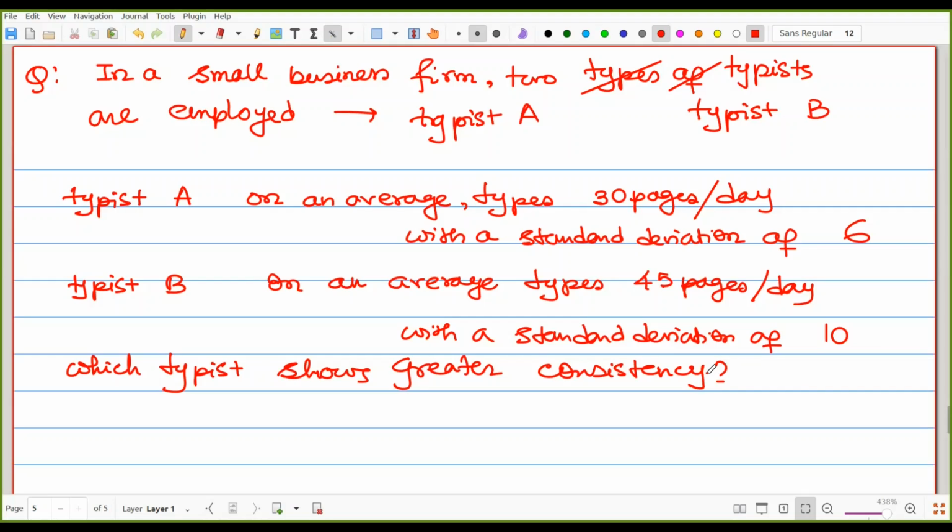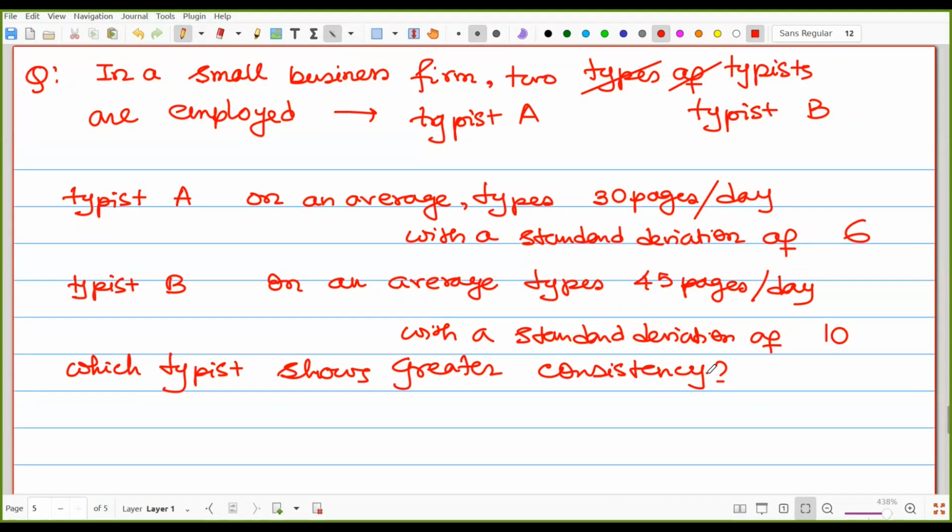When we are employing typists in any type of office or firm, we are checking how fast he or she is, but not only that, we are also checking how efficient he or she is, and also how consistent he or she is.